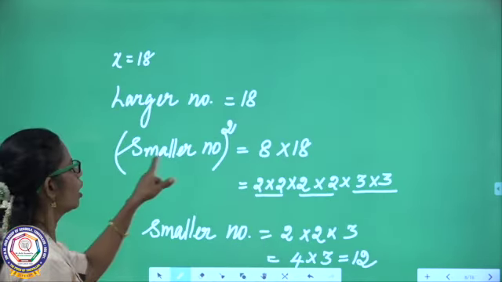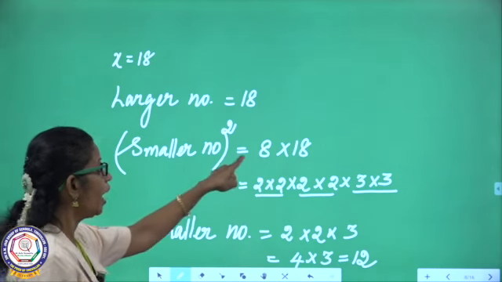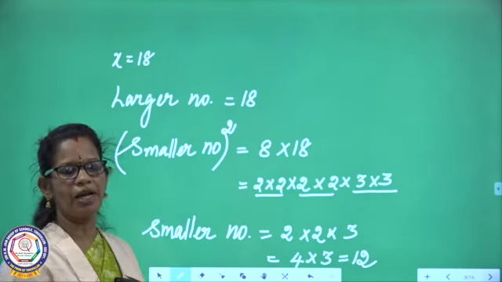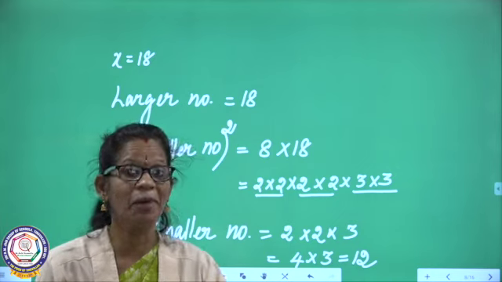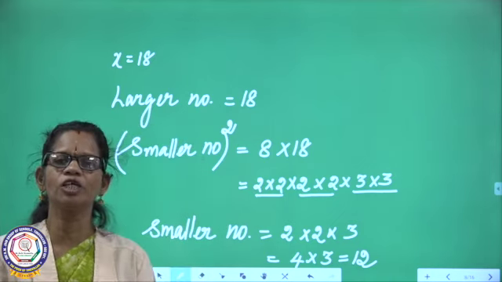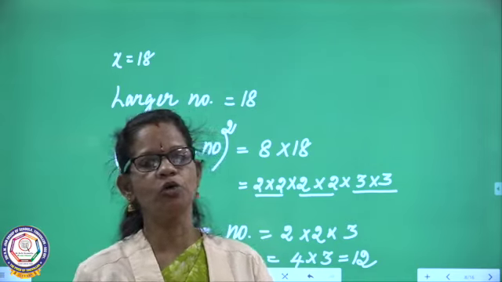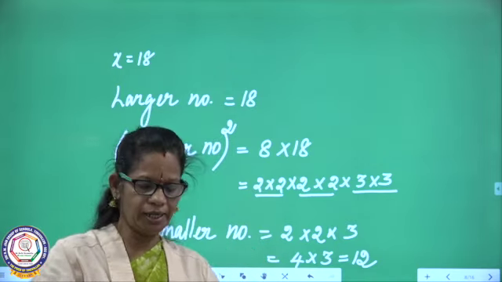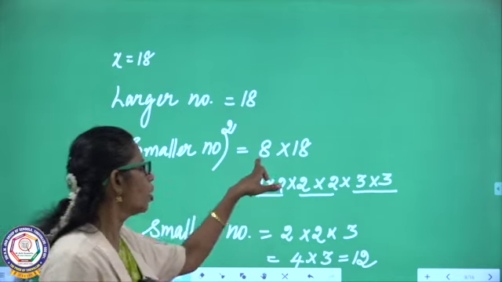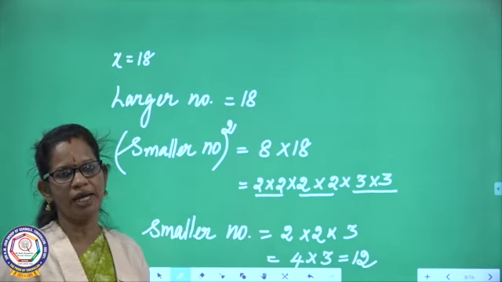See here, smaller number square equal to 8 times the larger number. 8 into minus 10 is minus 80. We cannot take a square root of negative numbers. In higher classes, you will learn this, but at your stage, you cannot find the square root of a negative number.